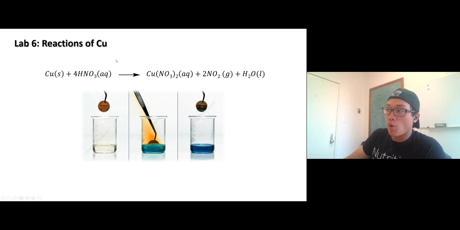Now the reaction of copper. It's just one part of this lab, but you get to see the color. Copper can react with nitric acid, which is a strong acid. Copper becomes copper(II) nitrate, and we get NO2 gas produced. If you remember from the previous chapter, at the very beginning when we talked about equilibrium, NO2 can react with itself and dimerize to N2O4.